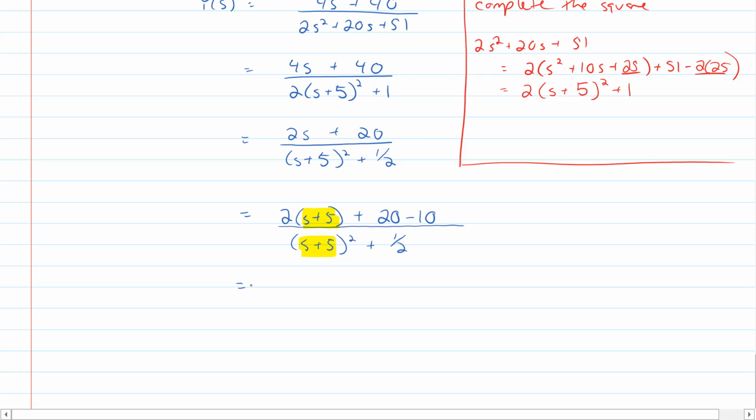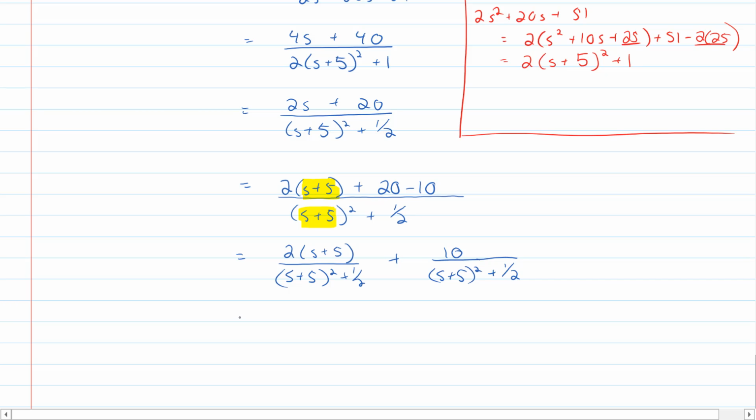And so we get 2(s + 5) over (s + 5)² + 1/2 plus 10 over (s + 5)² + 1/2. Of course you could leave it as a single fraction if you wanted to. I just want to emphasize the fact that these two expressions will give us two different terms when we take the inverse Laplace transform. So now we're going to go ahead and take the inverse Laplace transform of both sides.